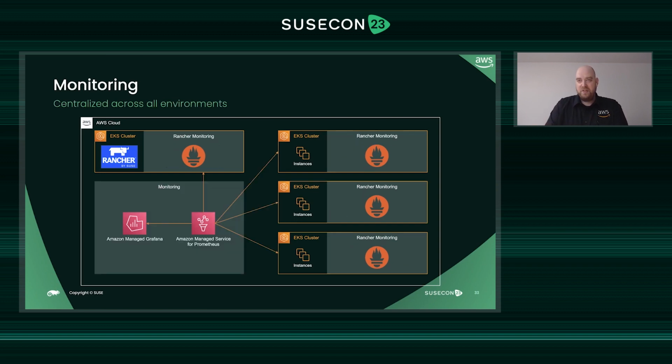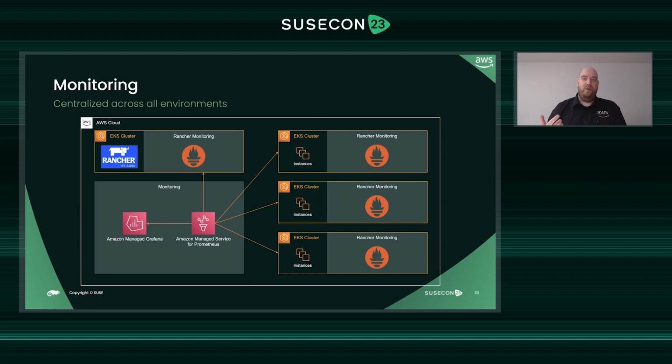What I personally think would be a better approach is when all your metrics from all your different clusters would go to a central place, like managed Prometheus and managed Grafana. With such a setup, I save a lot of resources in my clusters because they only have to push metrics and don't have to run the full monitoring stack.